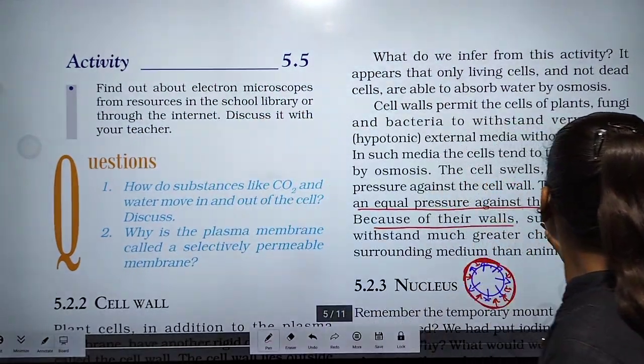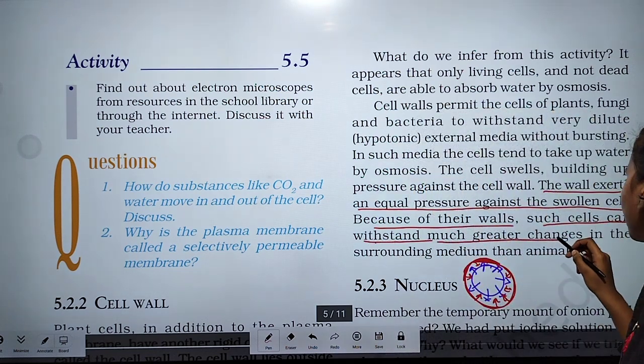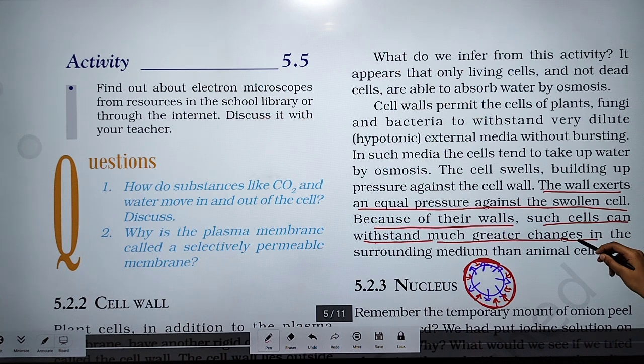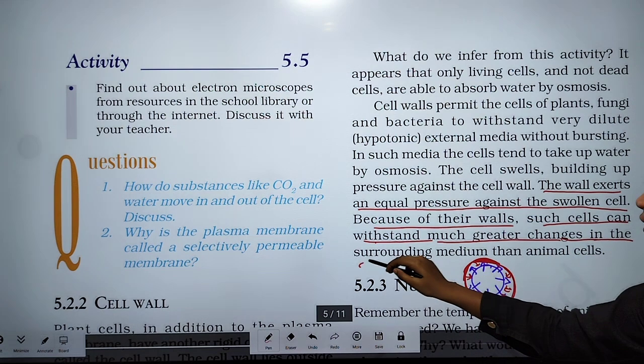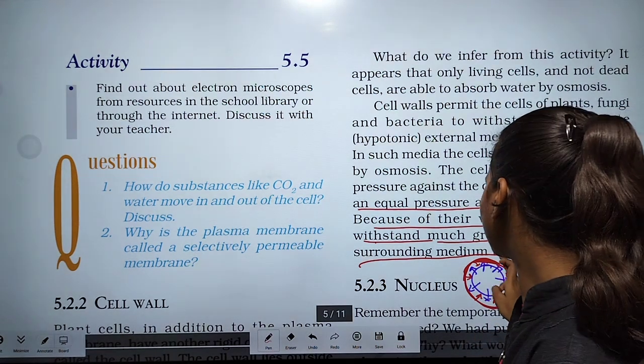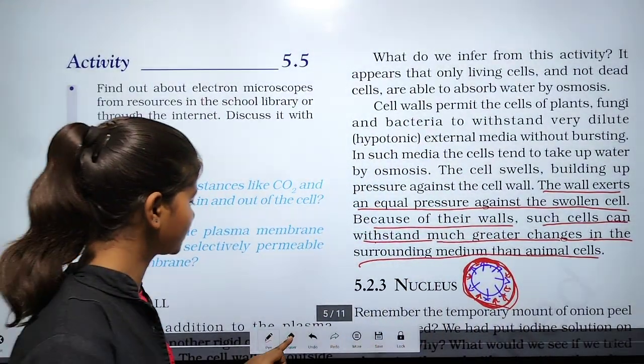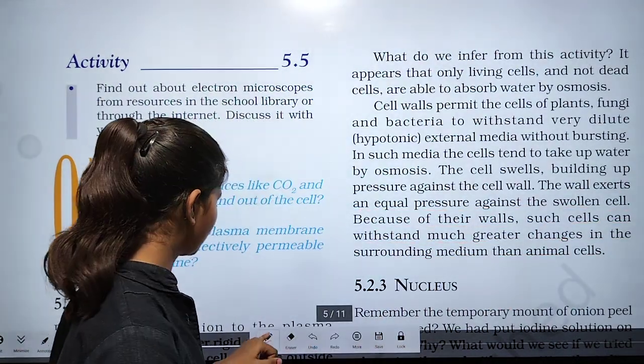Because of their cell walls, such cells can withstand much greater changes in the surrounding media than animal cells. Because in a plant cell the cell wall is present, that's why it is much greater than the animal cell.